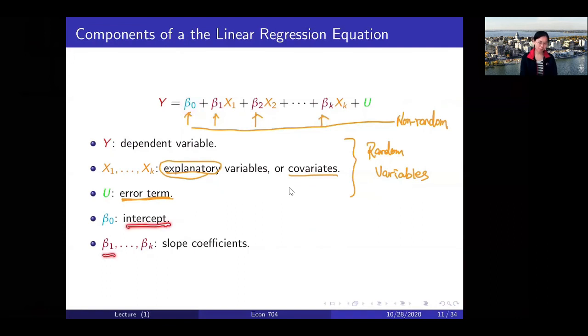And there are the beta 1 to beta k's. These are called the slope coefficients. So beta 1 is the slope for x1. Beta 2 is the slope for x2, and beta k is the slope for xk. So beta 1 to beta k are slope coefficients. Beta 0 is the intercept. So these are the names for the quantities involved in the linear regression equation.